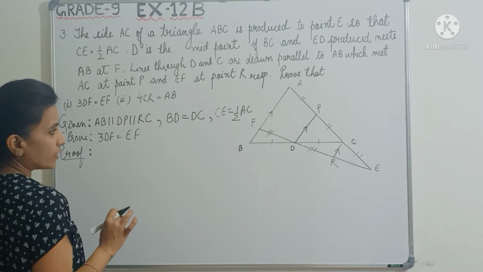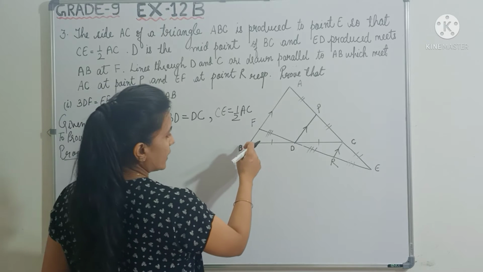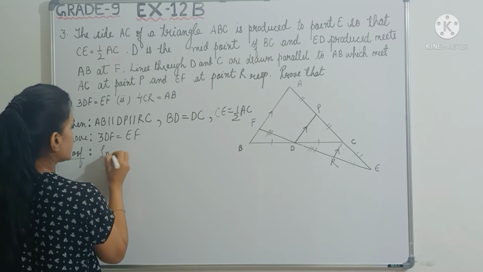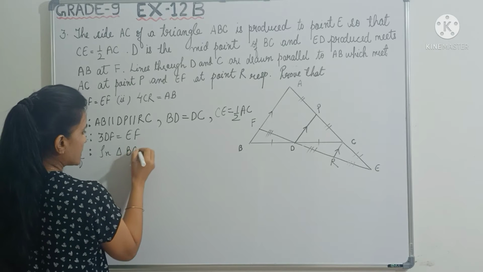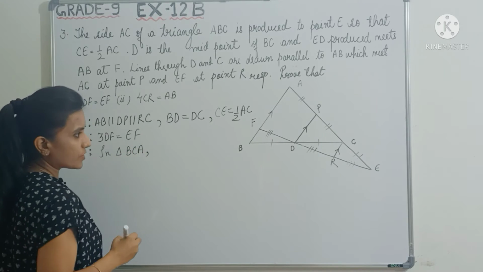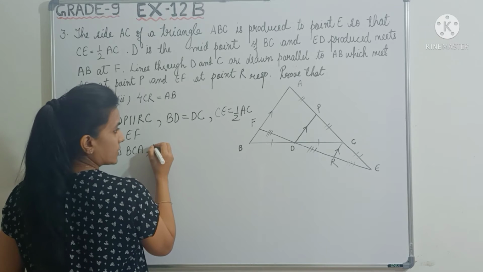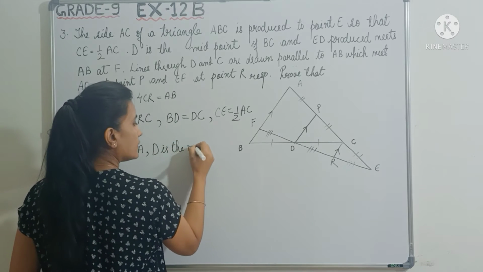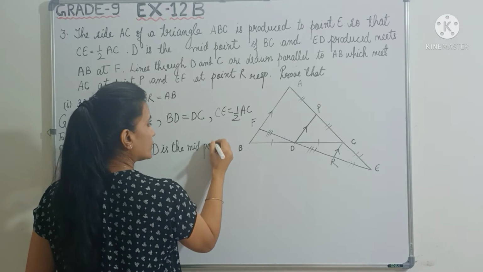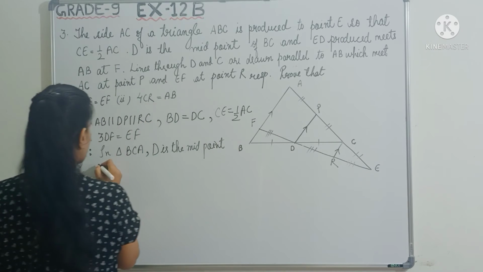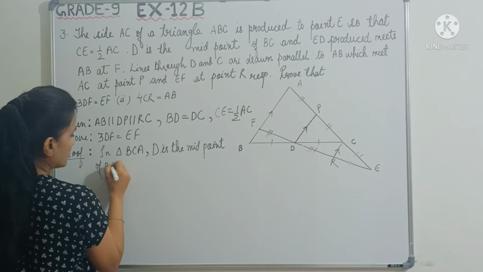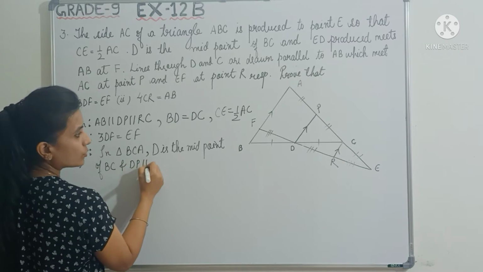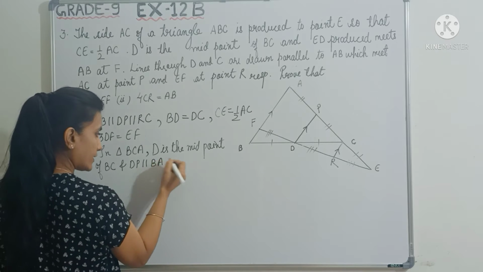Alright, so let's write down whatever we have discussed, then you will understand clearly. So first we have to take triangle BCA. Write down in triangle BCA. What do you observe in this triangle? That D is the midpoint of BC and DP is parallel to BA, right?